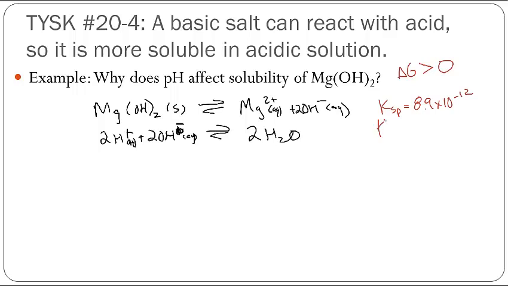But that means this reaction is not thermodynamically favorable, but my K for this reaction is 1 over Kw squared, which equals 1 over 10 to the minus 14th squared, which equals 1 times 10 to the 28th.